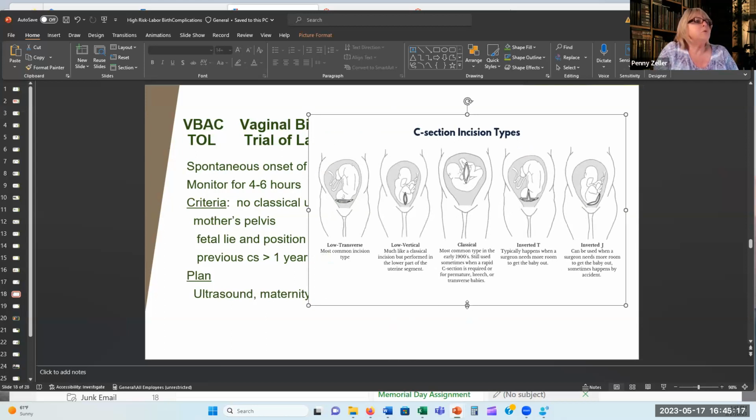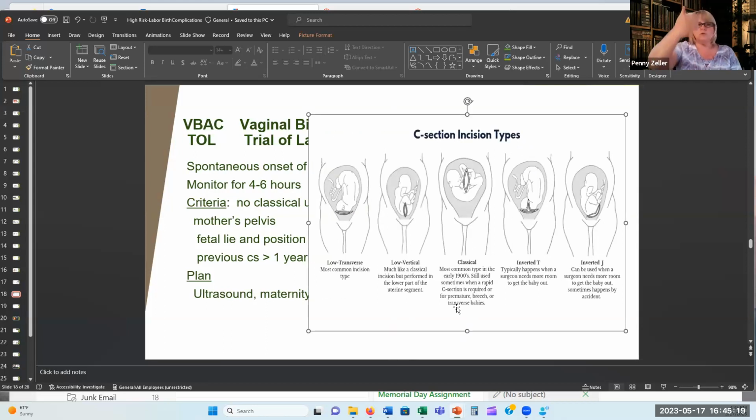There's probably a picture in your book too. Vertical incision in the uterus, not the stomach, not the abdominal muscles, but the uterus itself. That means that that uterine muscle was, you know, open. And so it's got a huge scar there in the middle.